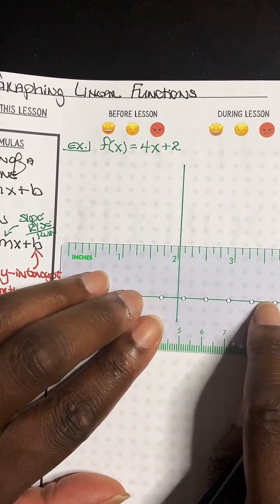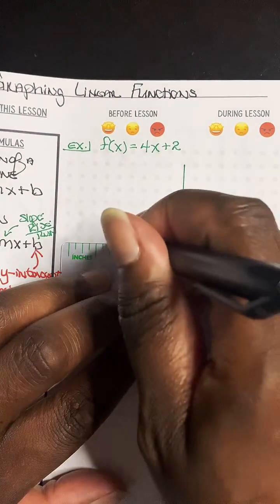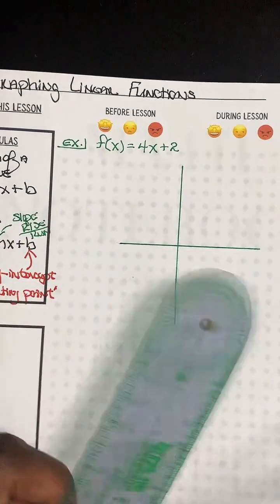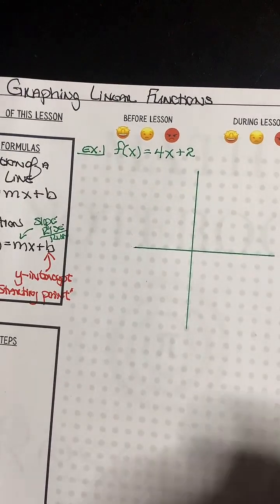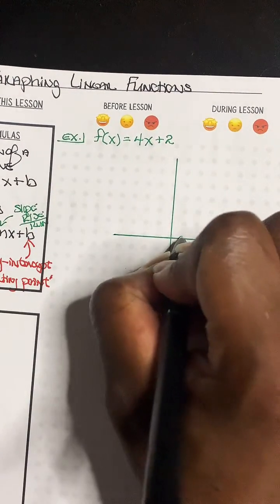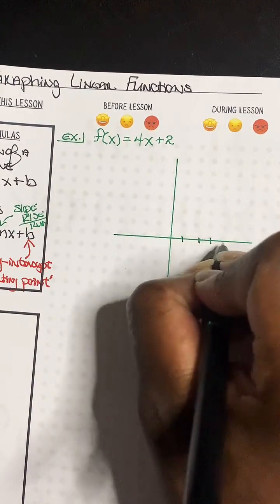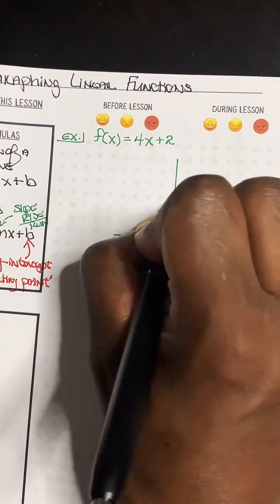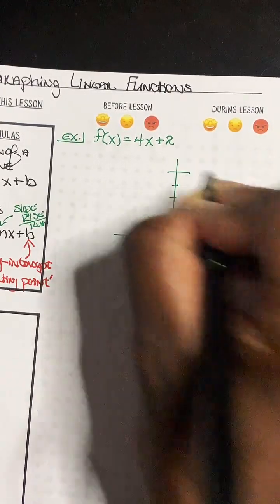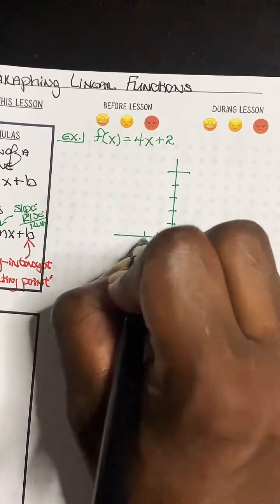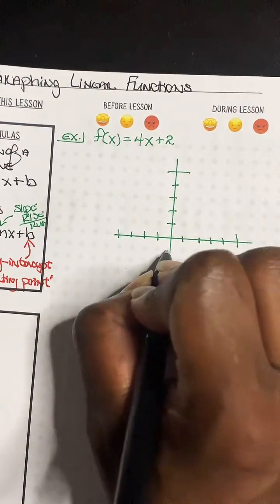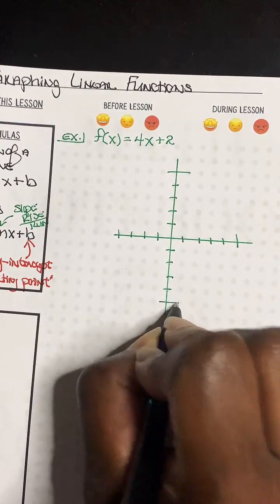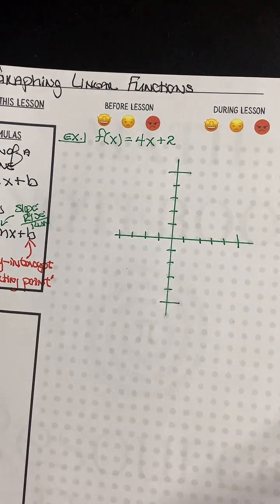Let's just see if I can get a nice little graph. All right. So since we have our ordered pairs, this is going to be my 1, my 2, my 3, my 4, my 5. My 1, my 2, my 3, my 4, my 5. I like to make my 5s a little longer, just so it's easy to find. All right.